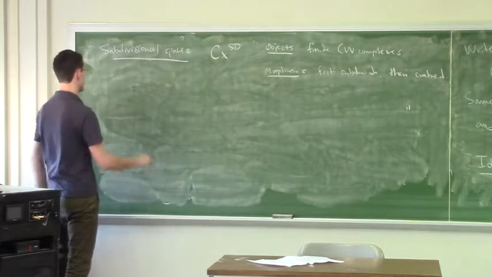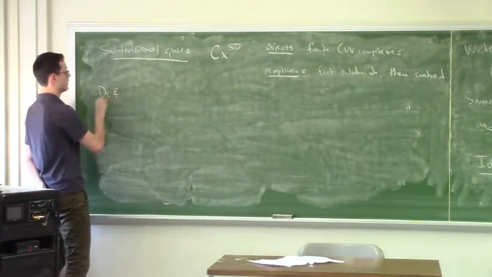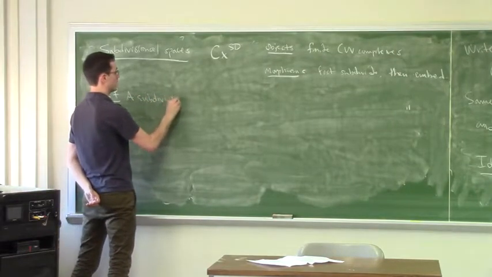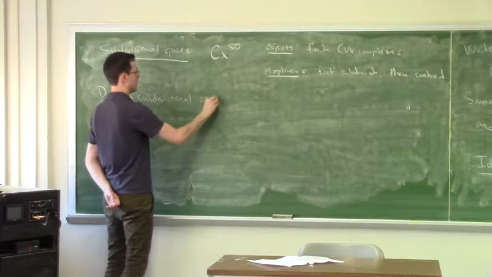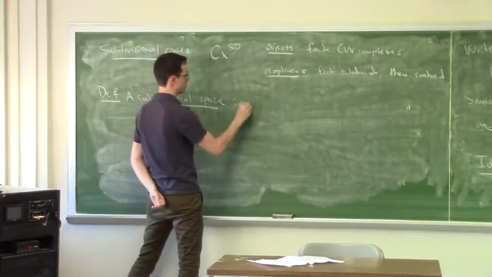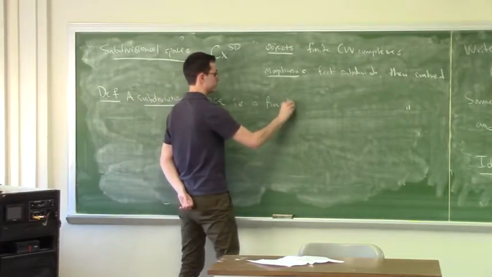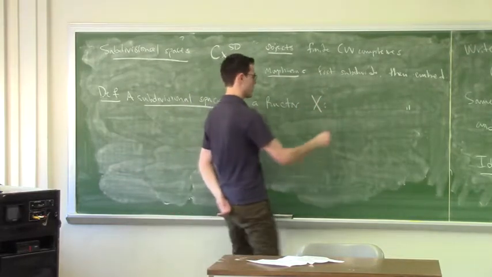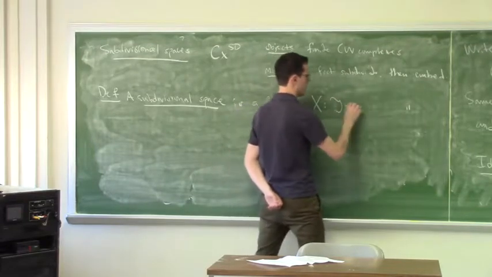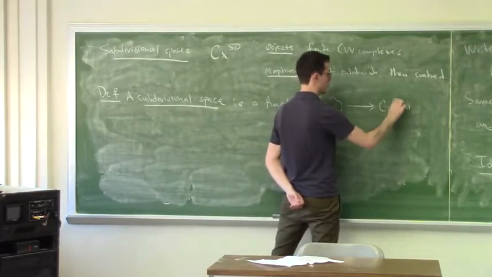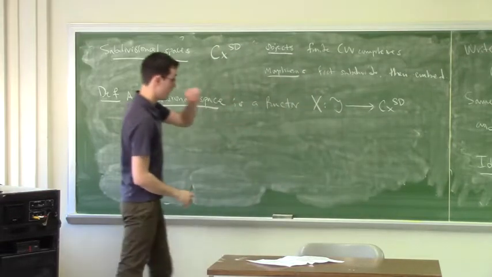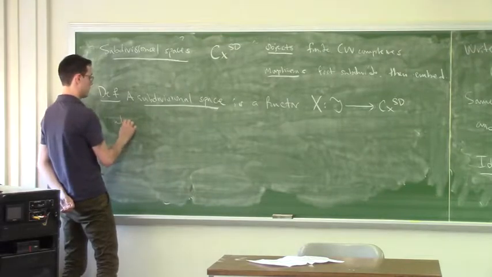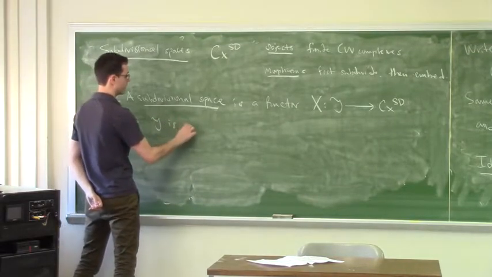These are not subdivisional spaces, so let me define what subdivisional spaces are. A subdivisional space is a functor, call it X. I think X is going to get overused in this talk, and I apologize. From I to this category of CW complexes and these particular morphisms, where I is a filtered category.